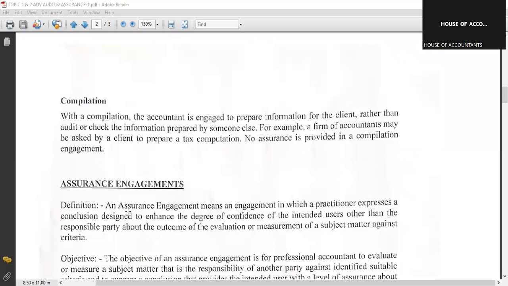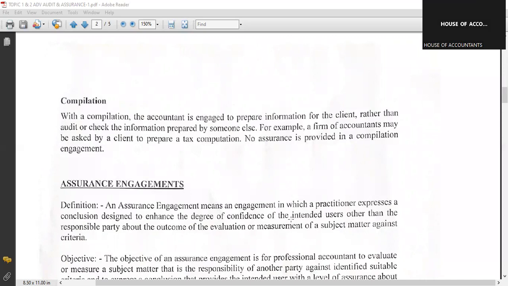Assurance engagement. An assurance engagement means an engagement in which a practitioner expresses a conclusion designed to enhance the degree of confidence of intended users other than the responsible party about the outcome of the evaluation. So assurance engagement will give a level of confidence to the users.